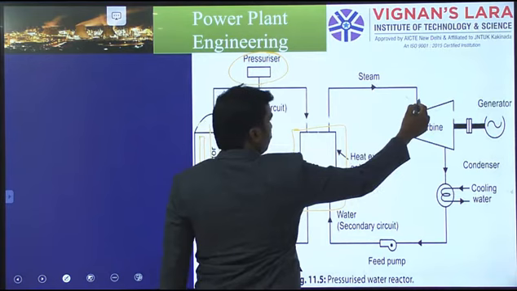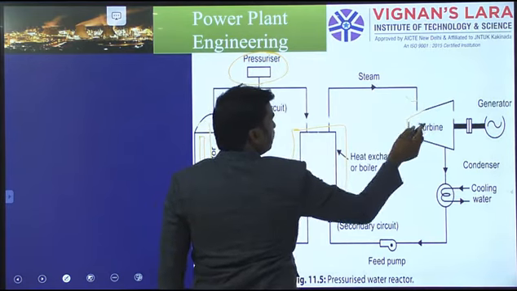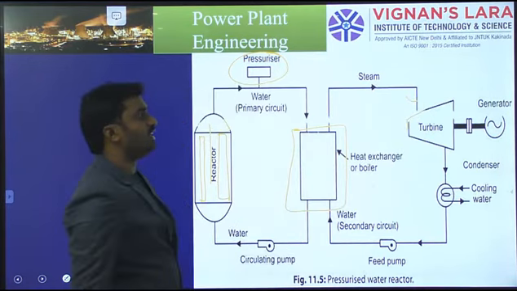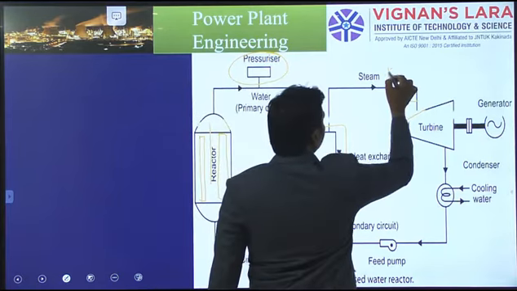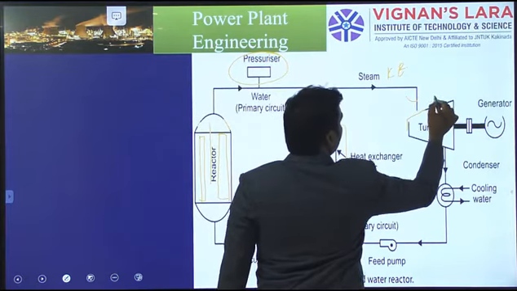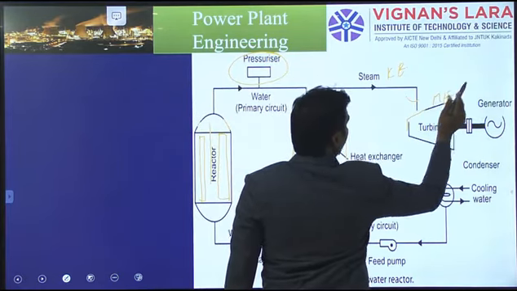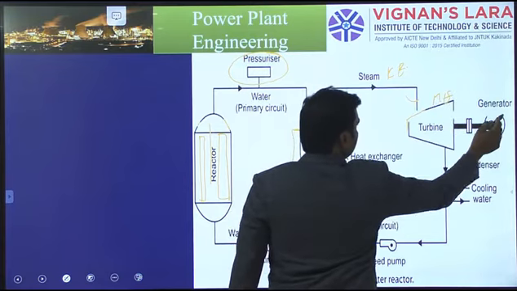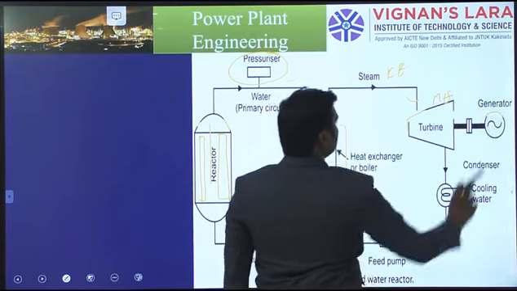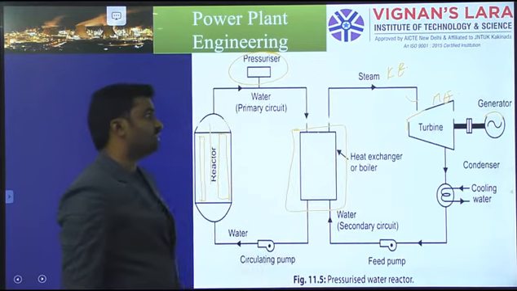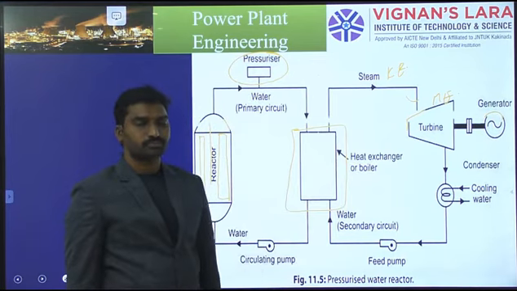The steam flows onto the turbine. Steam has high kinetic energy, so that kinetic energy is converted into mechanical energy by the turbine, and that mechanical energy is converted into electrical energy by a generator. That is our main aim.